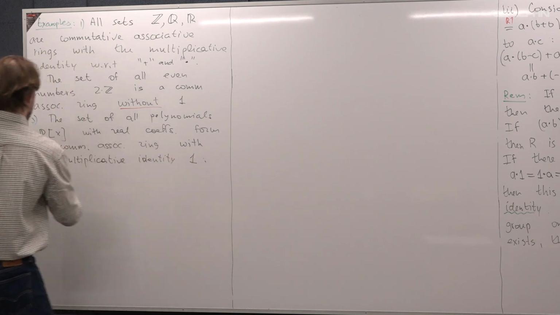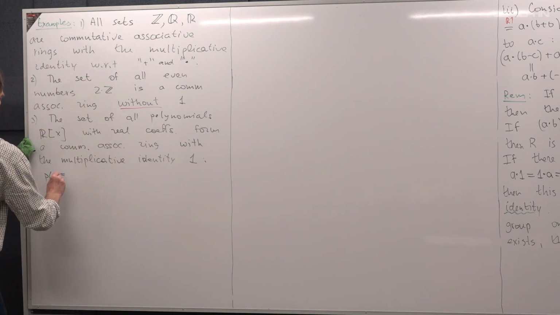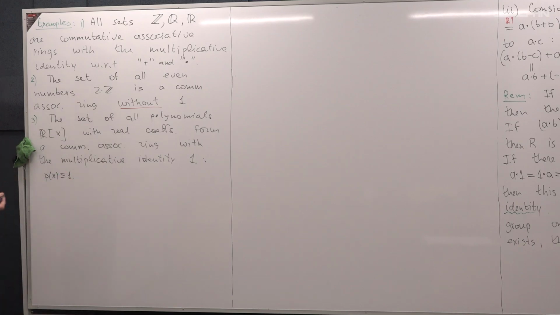So p of x is identically equal to 1. So if we multiply this polynomial by any other polynomial, we get this non-zero polynomial.